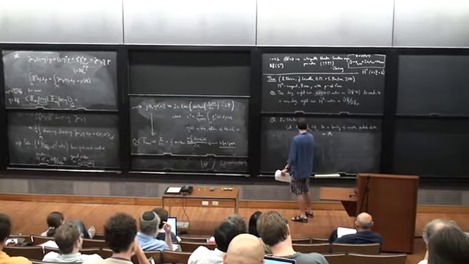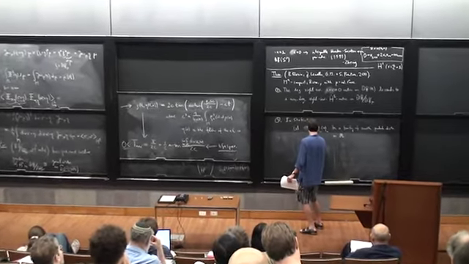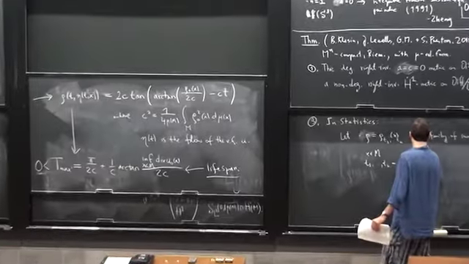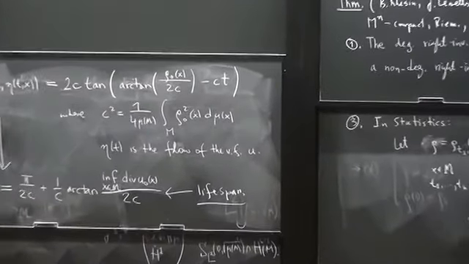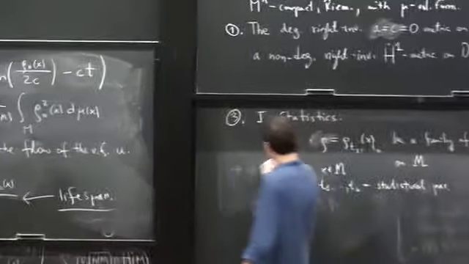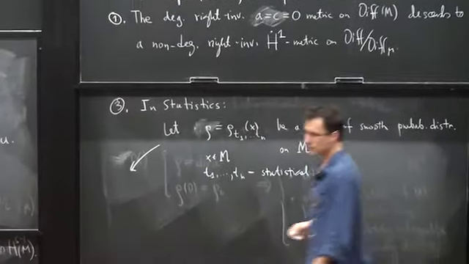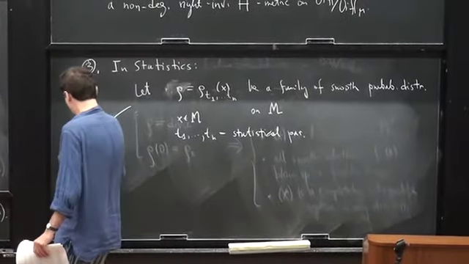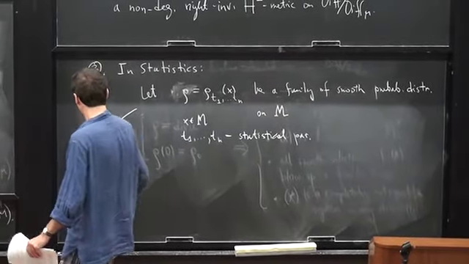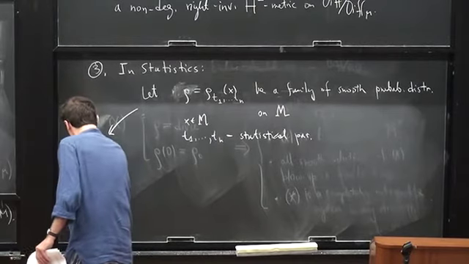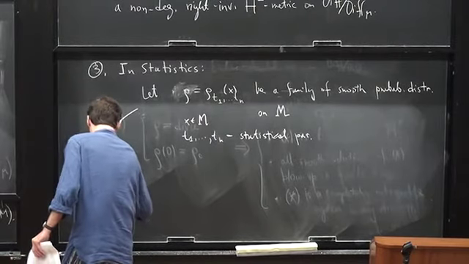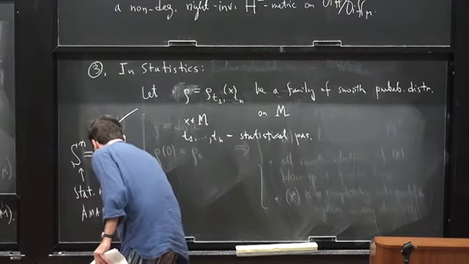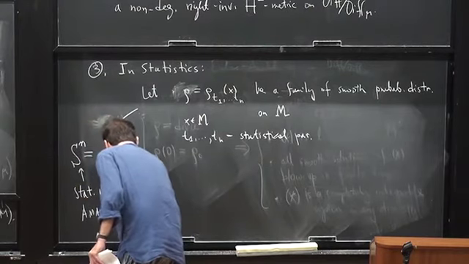Here x is a point on M, and t1 through tn are statistical parameters.